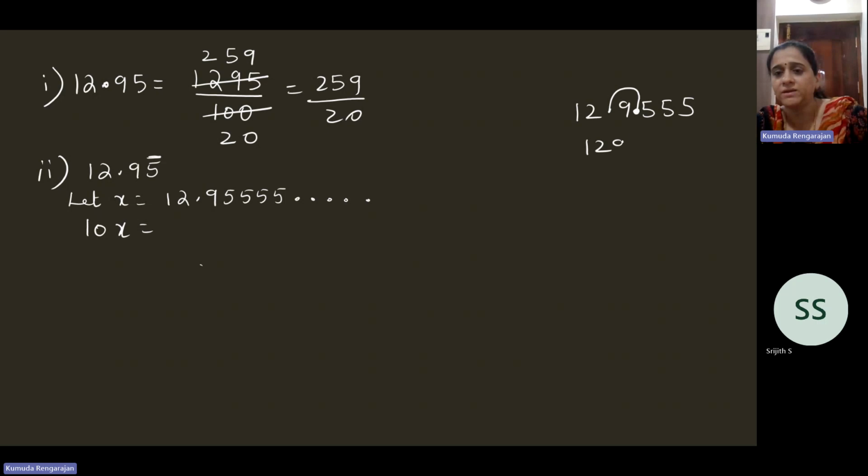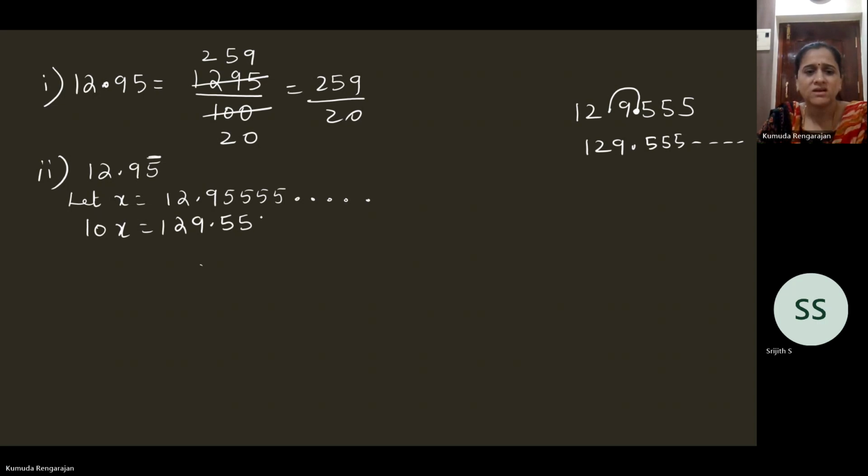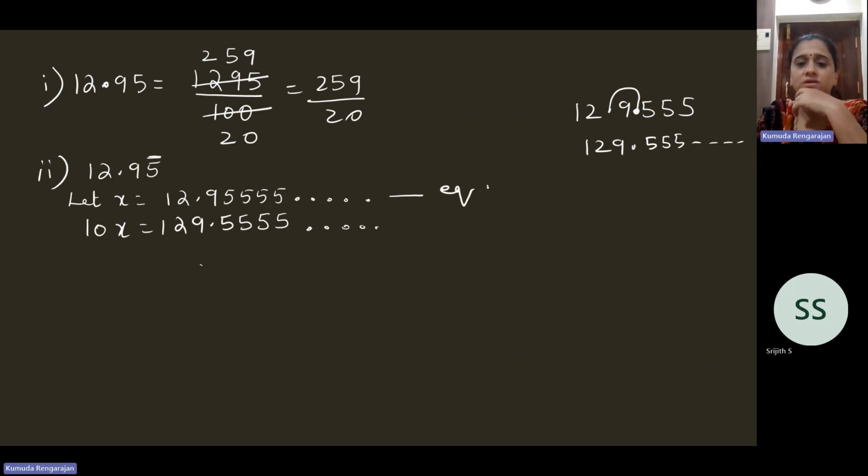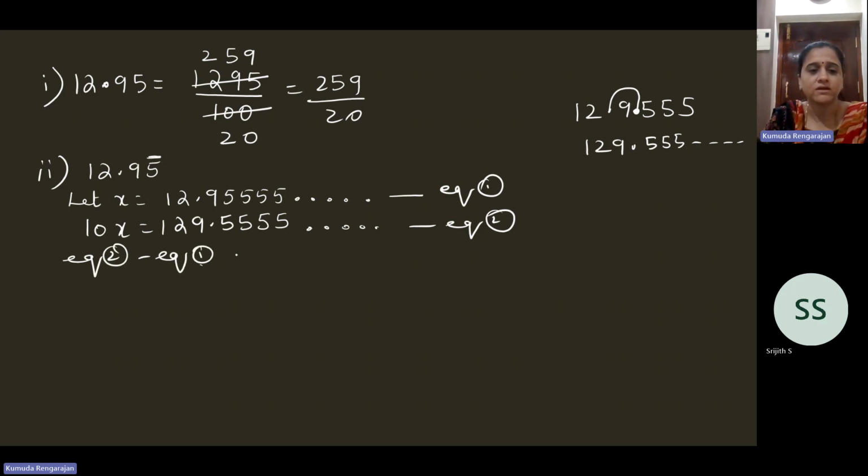So 129.555 going on forever. You can write how many ever 5s you want, because 5 is endless. So this is equation 1. This is equation 2. Now you need to perform equation 2 minus equation 1.